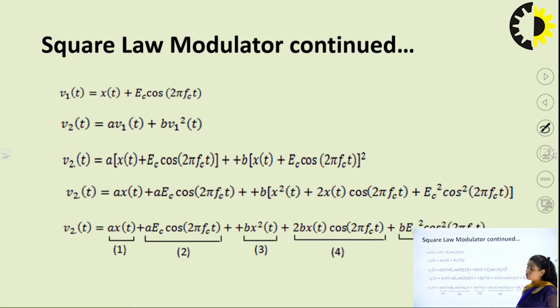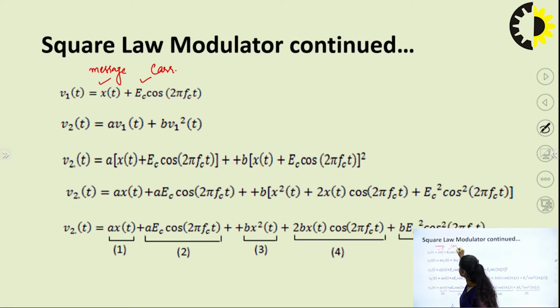So let's see what my V1 is. My V1 is the addition of my message signal and my carrier, right? This is my message and this is my carrier. And how are my V1 and V2 related?